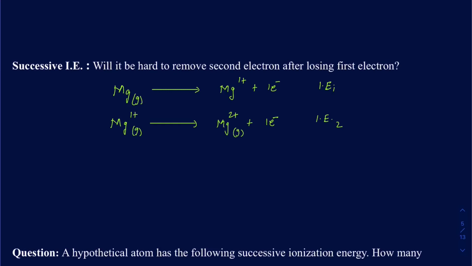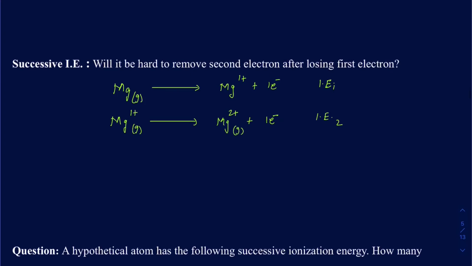If that's the case, it's going to be harder to remove the second electron, and your successive ionization energy is always going to be bigger than your previous ionization energy. So I can clearly say here, your IE2 is going to be bigger than IE1. Another way of saying it, it becomes harder to remove a second electron after you have lost the first one.